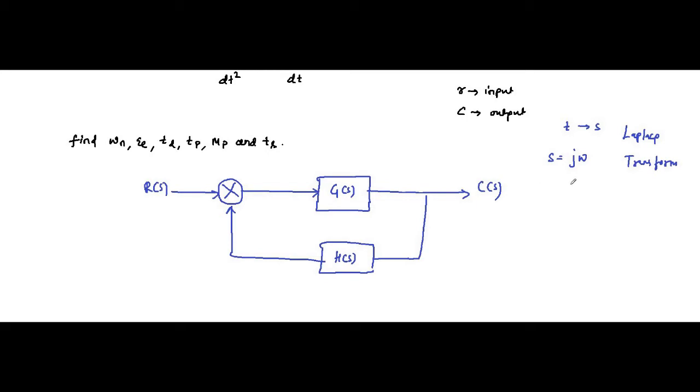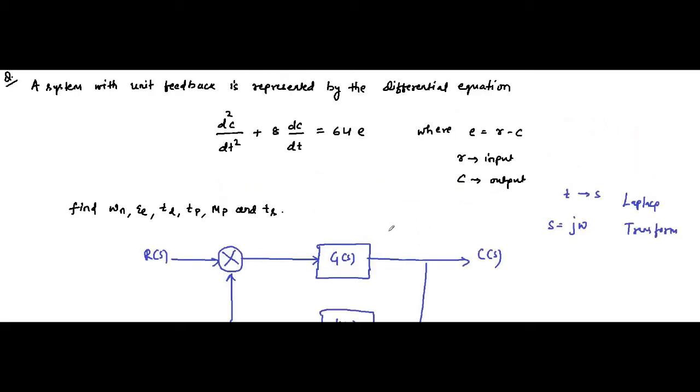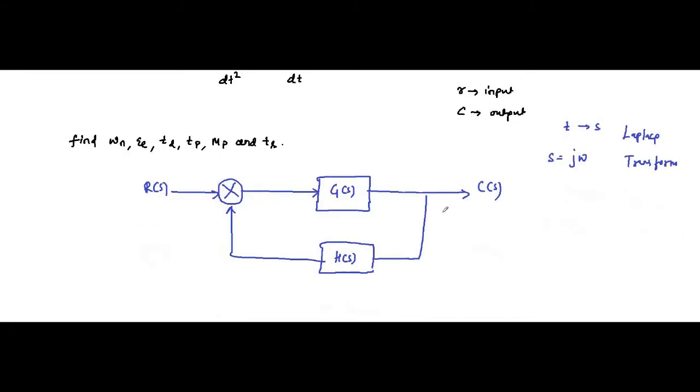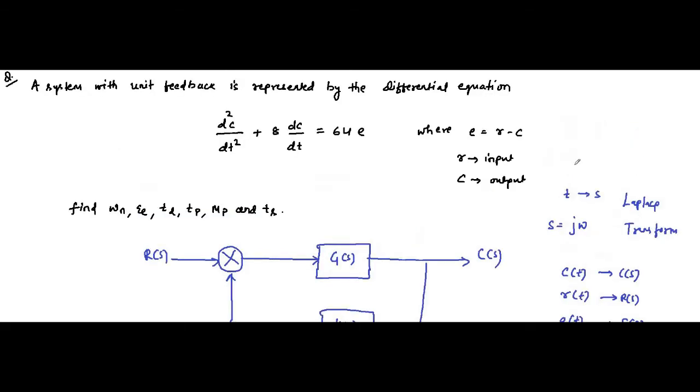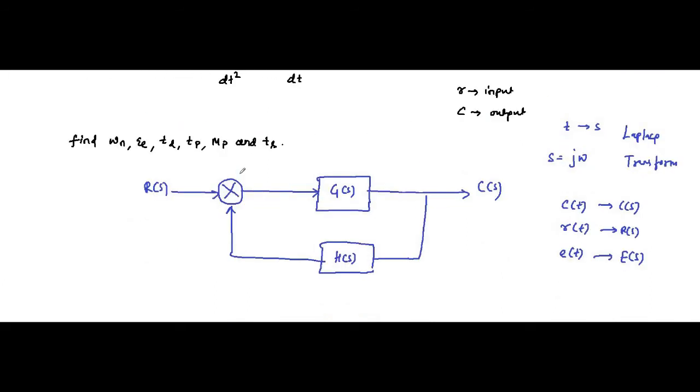So basically what we'll do here is convert this time domain c(t), r(t), e(t) into C(S), R(S) and E(S) with the help of Laplace transform. Okay, so this is the error signal that we get here. This is positive, this is negative, that's why it's called a negative feedback system.